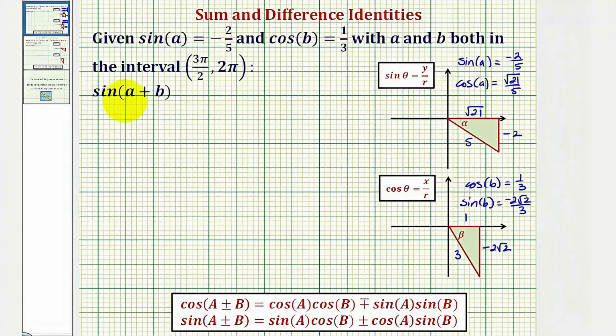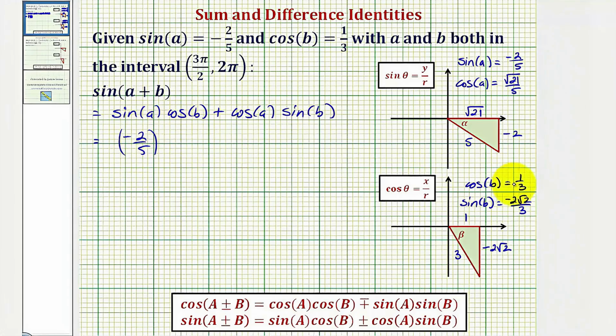So sine of the quantity A plus B is equal to sine A times cosine B plus cosine A times sine B. Subbing in the values, sine A is equal to negative 2/5.